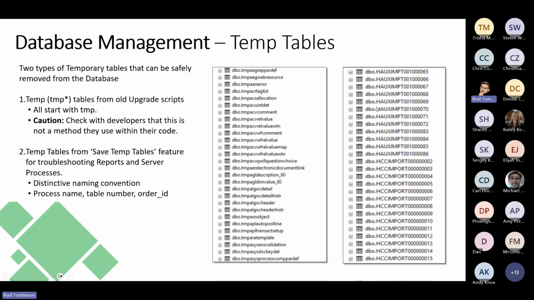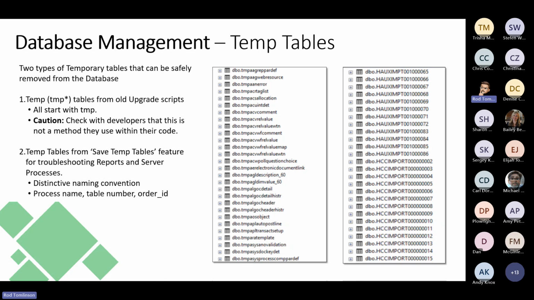It's very distinctive in the sense that it shows the process name, then the table number, and then the order of that report or process it's running. These ones are strictly for the purpose of troubleshooting. They don't always save these tables in there, and those ones as well could be removed.